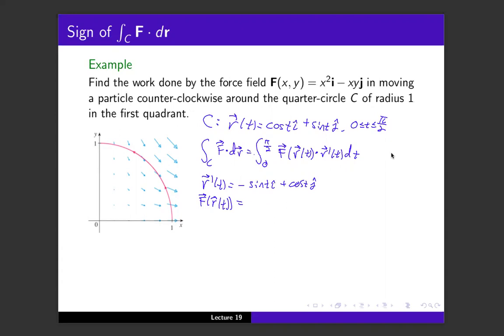Because remember what this is saying is that x equals cosine t, y equals sine t. So this is going to be cosine squared t i plus sine t times, actually minus sine t cosine t j.